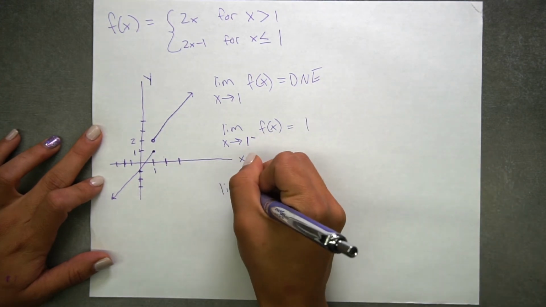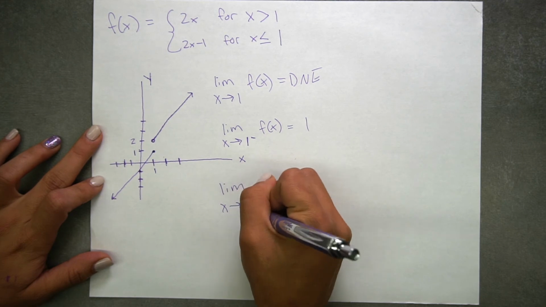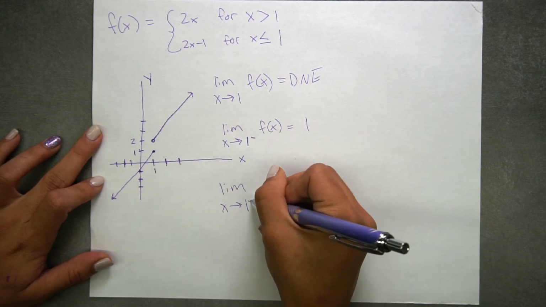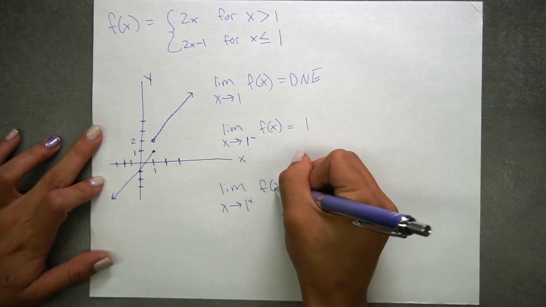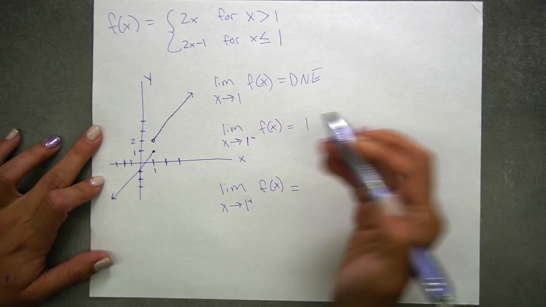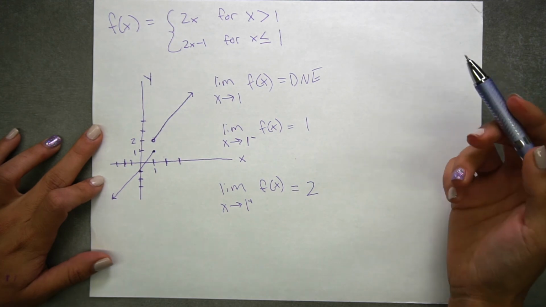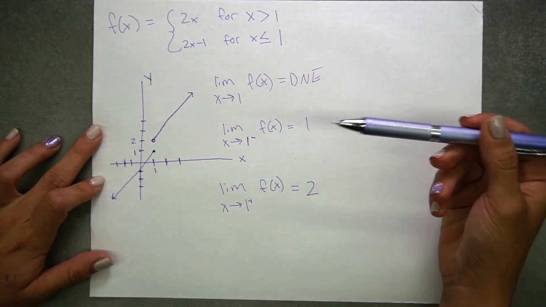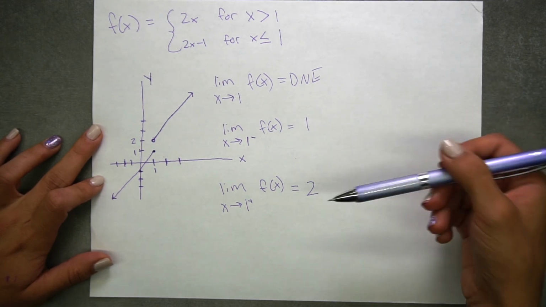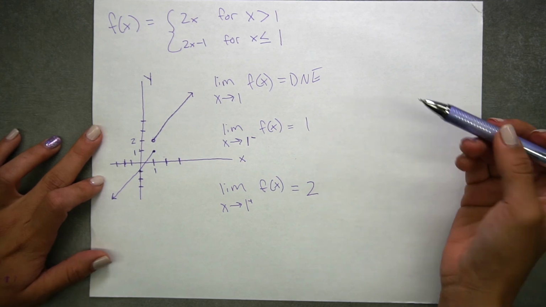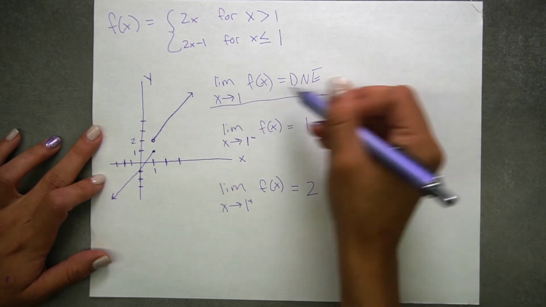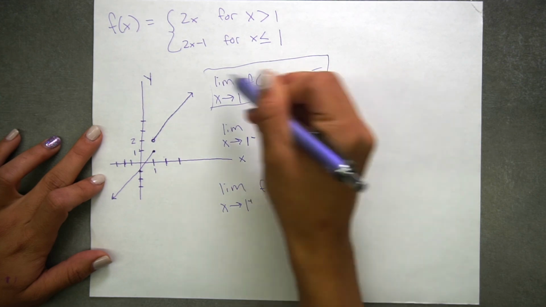And the limit as x approaches 1 from the right side, we use the plus symbol, of f of x, equals 2. And so the limit of the left side exists and the limit of the right side exists. However, the overall limit does not exist.